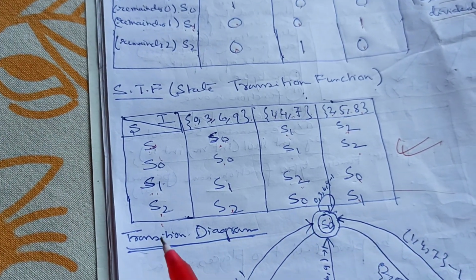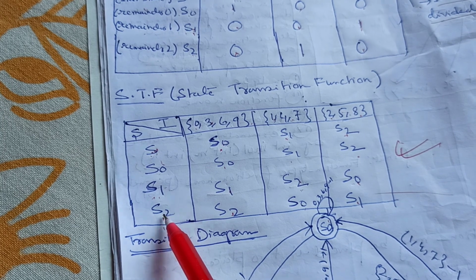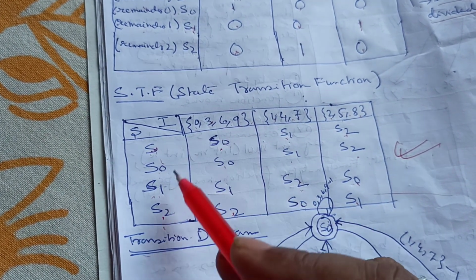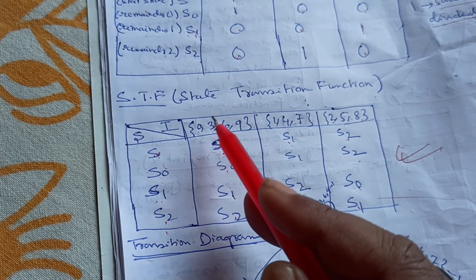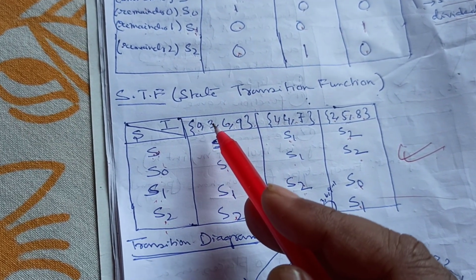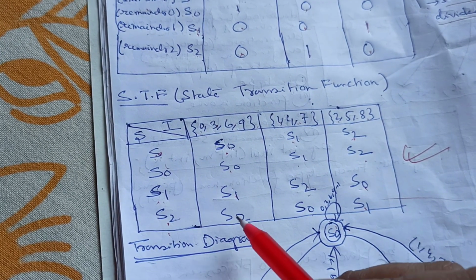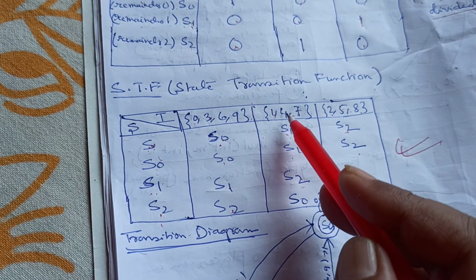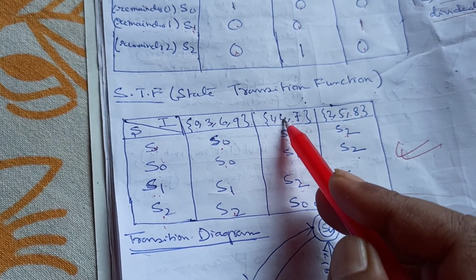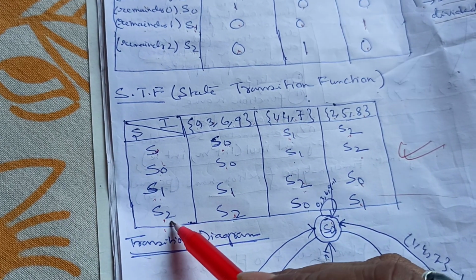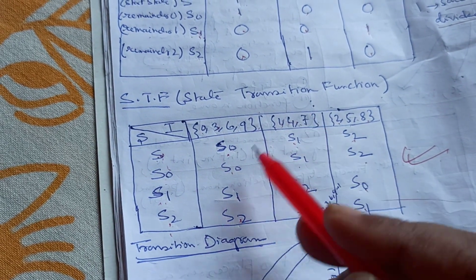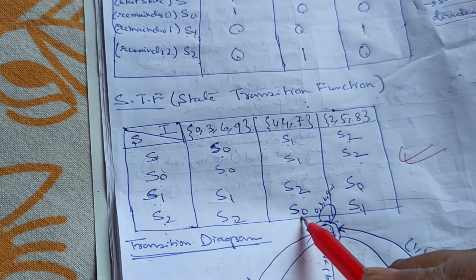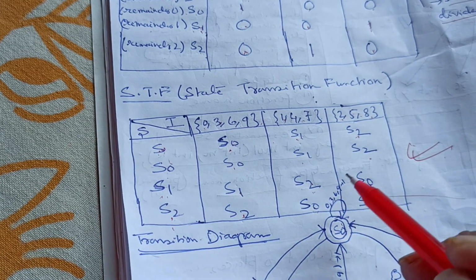For S2 state, now we are checking S2 state. Now the input is 3 and the previous remainder is 2, so 3 plus 2 is 5. Now if you divide 5 by 3, you will get 2 as remainder, so it should go to S2 state. Now for 147, the input is 4 and the previous remainder is 2, so 4 plus 2 is 6, and if you divide 6 by 3, you will get 0 as the remainder, so it should go to S0 state.